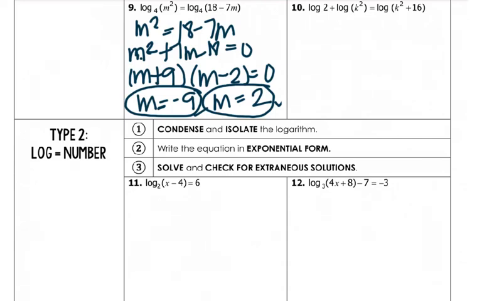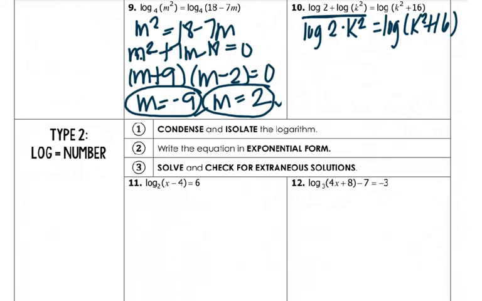Okay? Now, let's look at number 10. So this one's a little different. Why is this one different? Because we have two logs adding together on one side. All right, so if they're adding, that means we're going to multiply them, right? So we're going to have log of 2 times k squared equals log of k squared plus 16. Okay, so from there, we remove our logs because they're the same base.